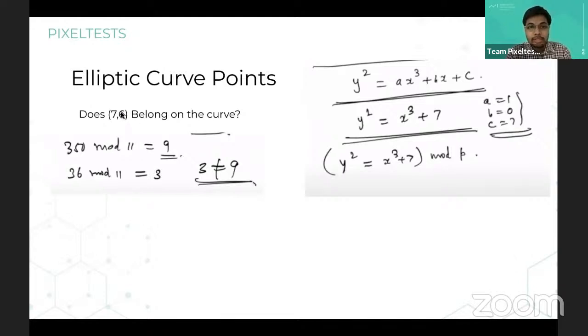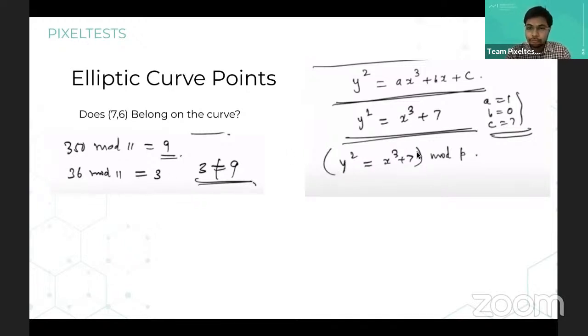But now 6 square is 36. So 350 mod 11, meaning the remainder when we divide 350 by 11, is 9, but 36 mod 11, meaning when you divide 36 by 11, the remainder is 3.